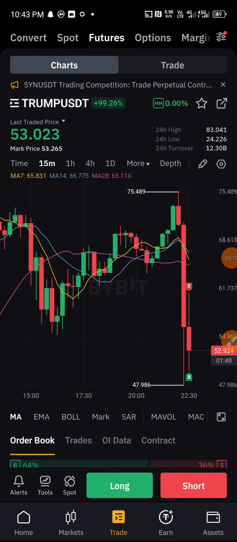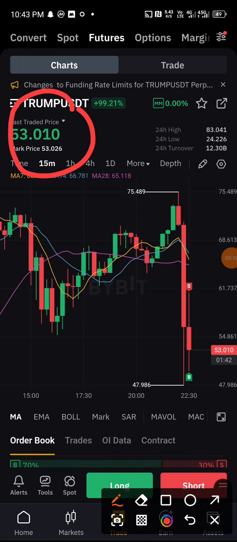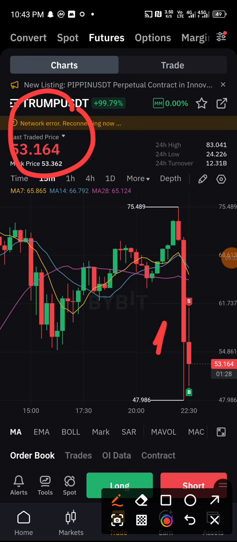So this is simply how you can trade futures or perpetual trading on Bybit. This is a strategy you can use to trade perpetual, and you make a lot of money for yourself.